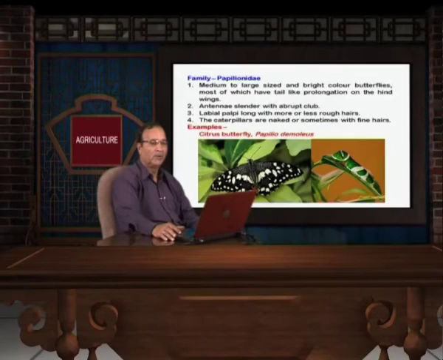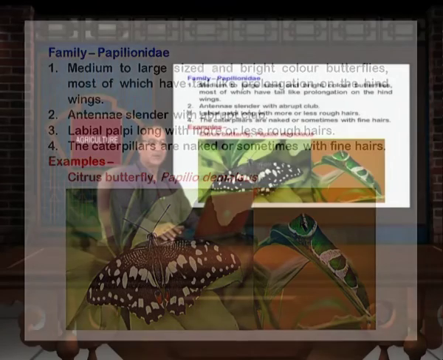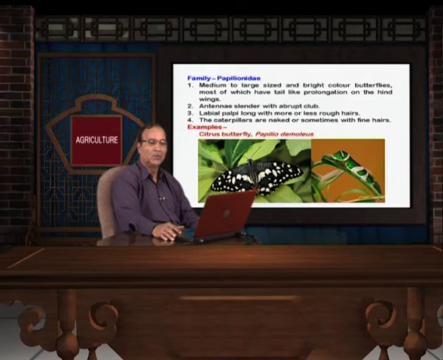Family Papilionidae, the insects are bright colored butterflies, most of which have tail-like prolongations on the hind wings. So, the hind wing is projected into a tail-like structure, which is a characteristic feature of the family Papilionidae.